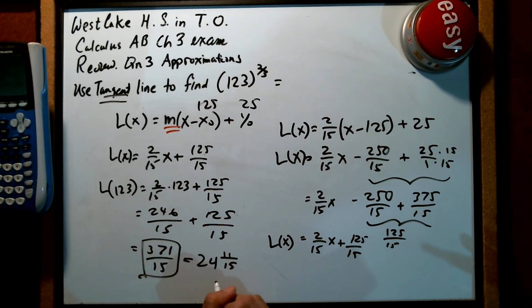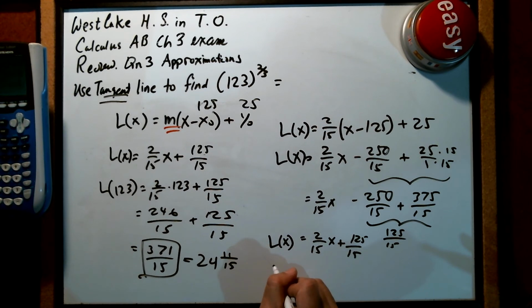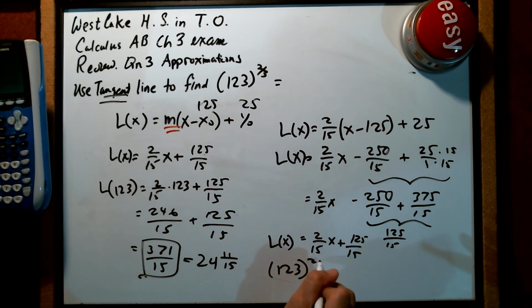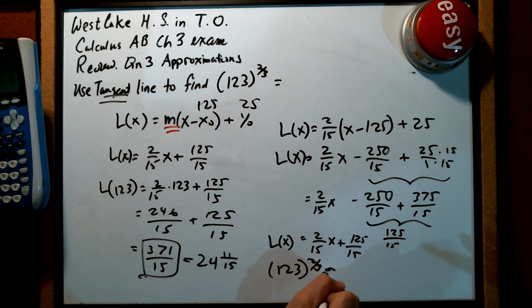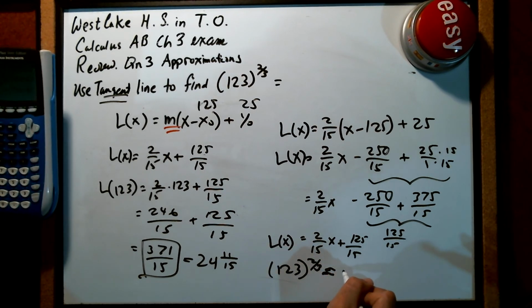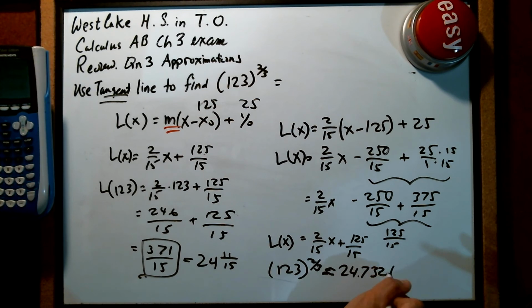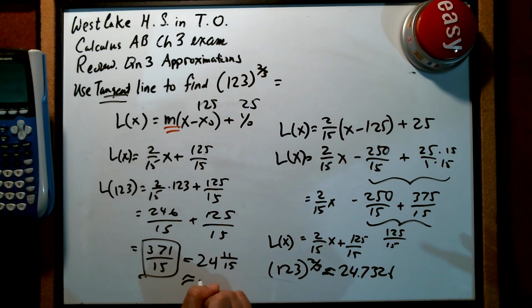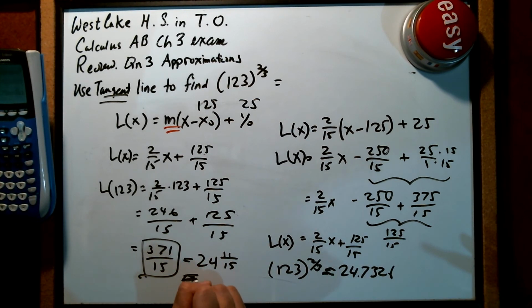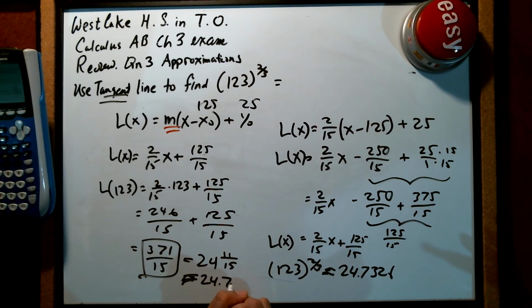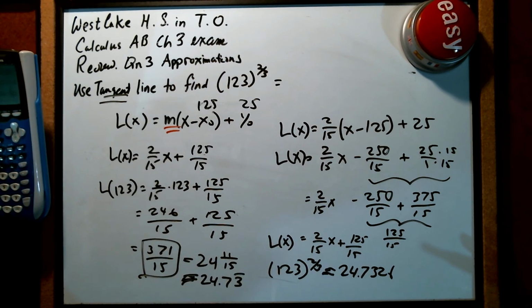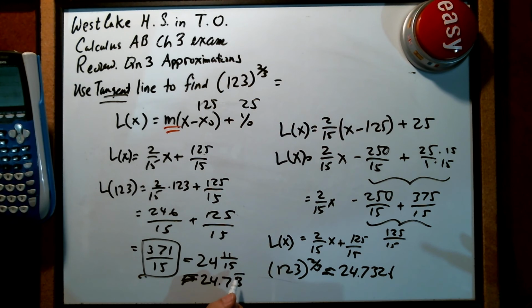So the cube root of 123 to the 2/3 power should be approximately, since it's an irrational number, 24.7326. And the linearization value is actually 24.73 bar. Bar is another word for vinculum.